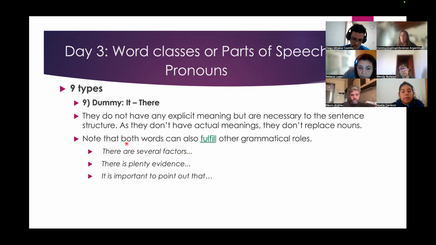So I need a plural verb, are. Evidence, it's uncountable. So we always need a singular verb. There is plenty of evidence. With the dummy pronoun it, you can never have a plural verb after. It's always singular.